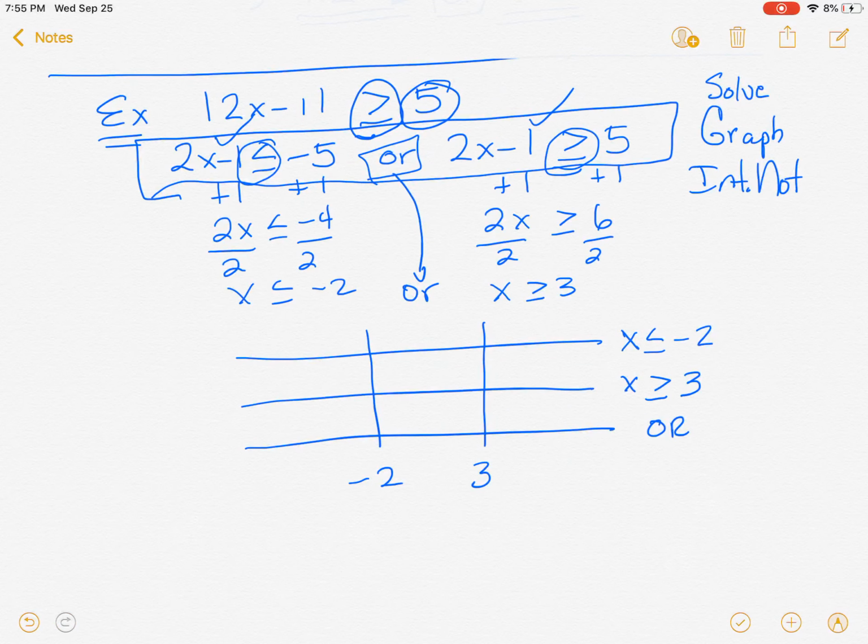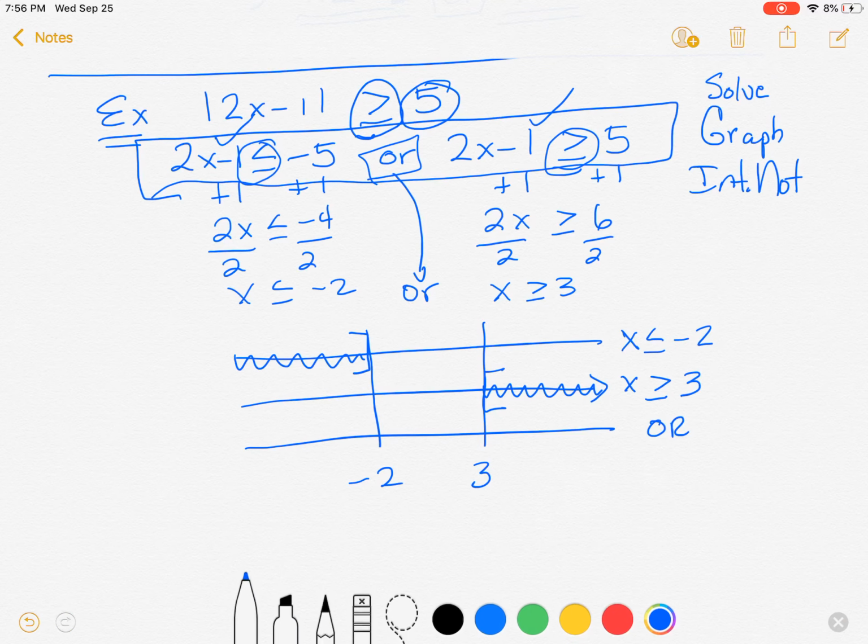So x less than or equal to -2 is going to be a bracket on -2 shaded to the left. And x greater than or equal to 3 is going to be a bracket on 3 shaded to the right. Remember that OR shades everything in both graphs, so I have everything shaded here, everything shaded here.